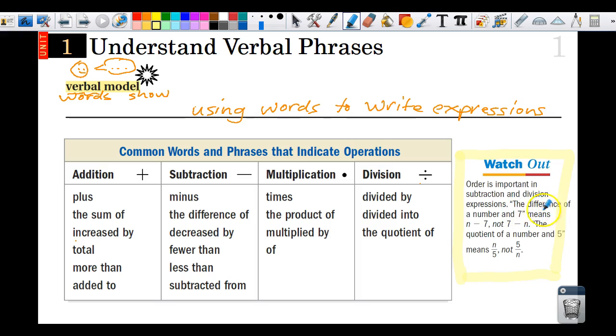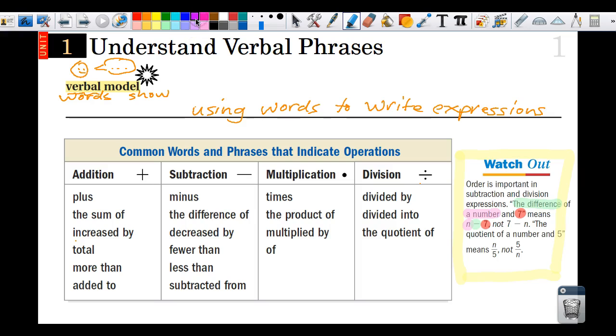The difference of a number and 7 means n minus 7. Notice that they used the letter n for a number, okay, and the word difference implied subtraction. And of course, 7 is represented by the 7. But I don't do 7 minus n. The order is important on subtraction.